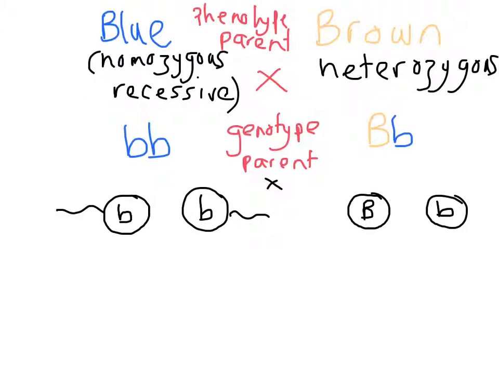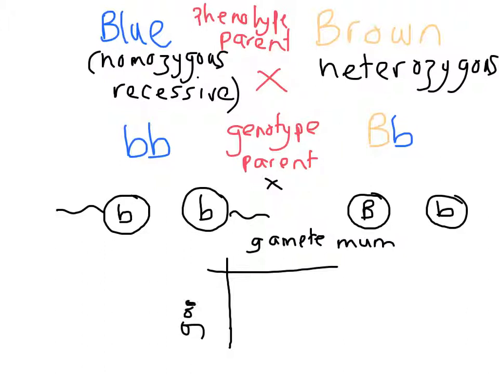So what we can do now is place this into a Punnett square to show the offspring. So we've got gamete here, and we've got gamete here. Okay, so remember we said mum was big B, little b, dad was little b.